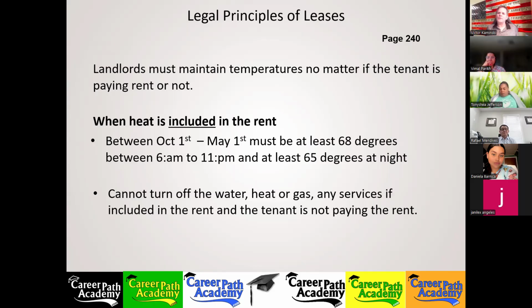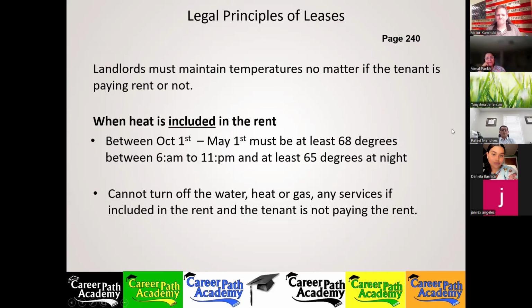This is like with apartment buildings and complexes. You could switch to individual heater units for each one, with their own meters. But here they are saying it's included in the rent, so they're not charging separately for water. If it's included in the rent and the tenant's not paying the rent, you can't shut it off.